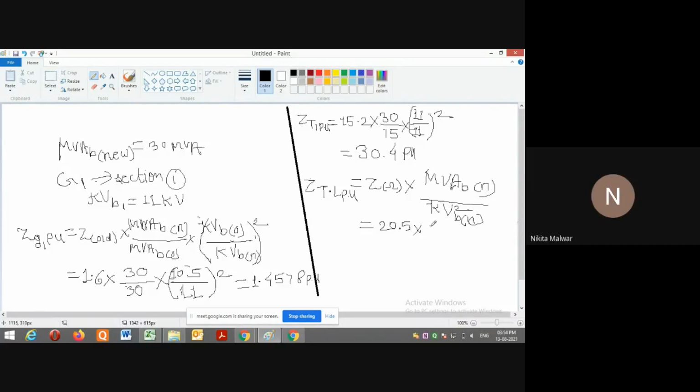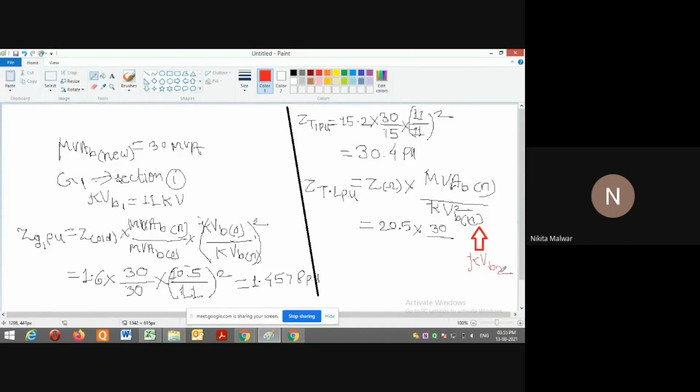Your MVA base new is 30, and for kV base new we will consider kV base 2, which will be your new value, because your transmission line exists in section 2.